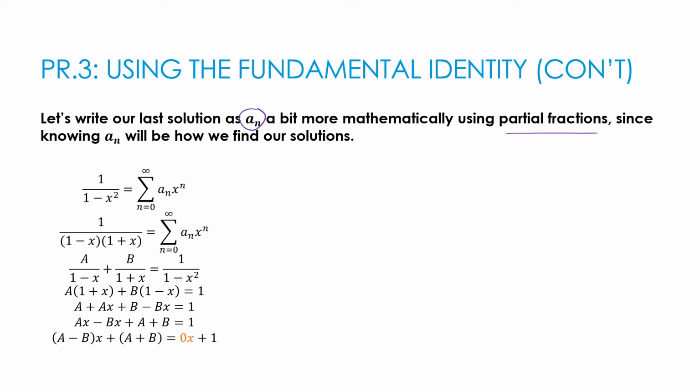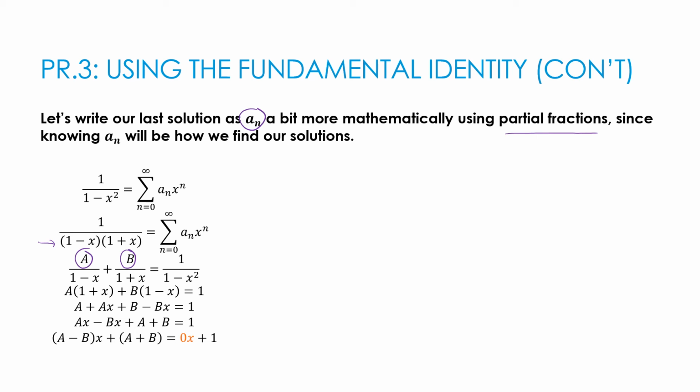Remember, this was the identity that I came up with, and we really wrote it both ways previously. Now, all I'm doing so far is factoring my denominator to be 1 minus x, 1 plus x. And remember, partial fractions essentially says, let's find the numerator for each of these factors.